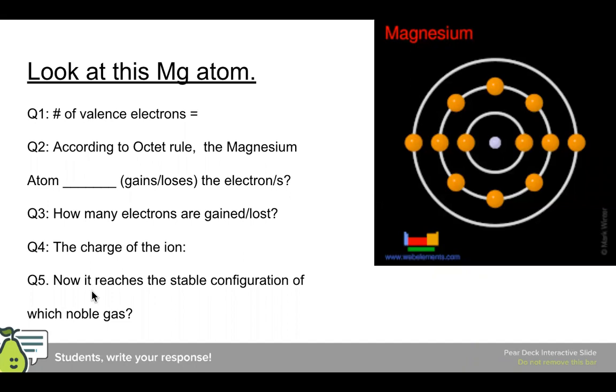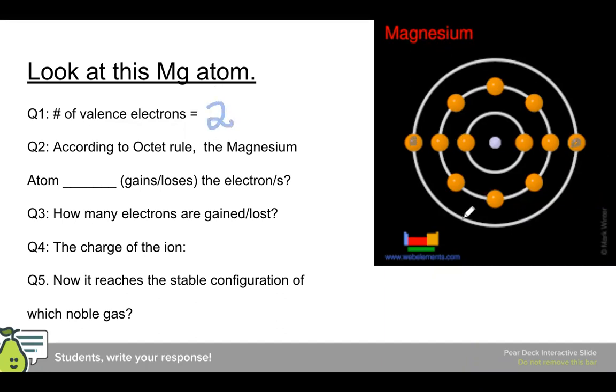Okay, now we'll answer the question. Look at this magnesium atom. How many valence electrons are there? Look at the structure. 1 and 2. So that is 2.